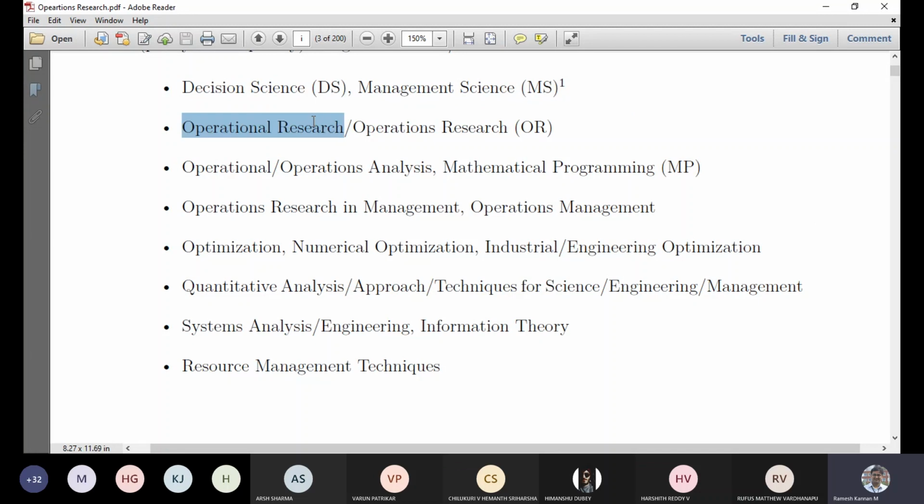Before World War II they talked about operational research, and some people have also referred to it as operational analysis. So depending upon the nomenclature, they had their own ideology on this particular thing.